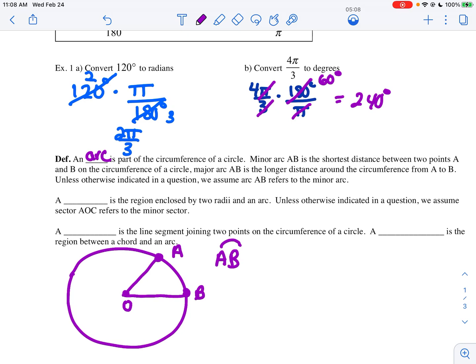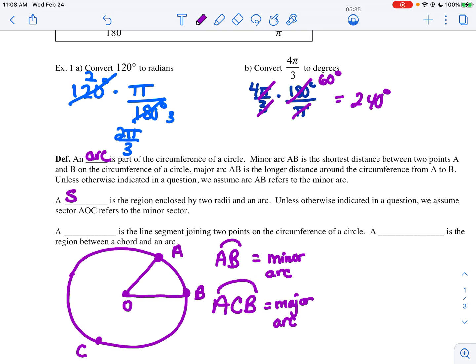Now, if I wanted a major arc, now I'm going to need another letter. So this is a minor arc. If you want a major arc, you need 3 letters. So I would say arc ACB. A major arc is more than 180.